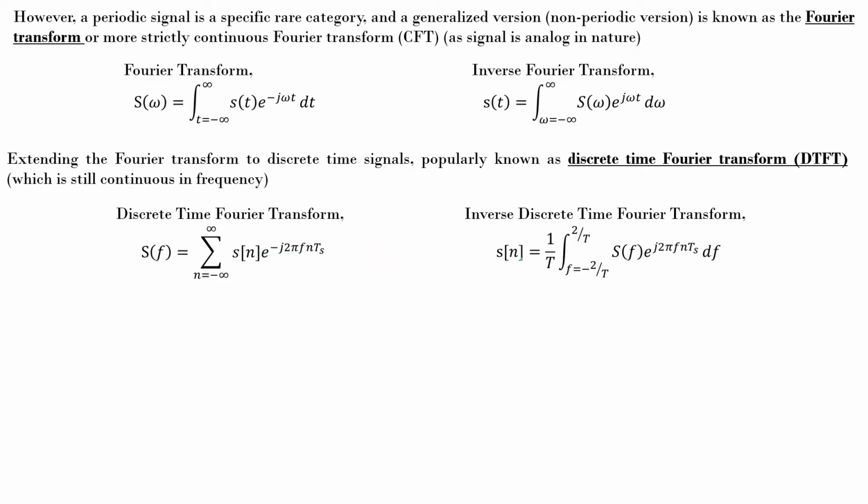Then the rest of the things are the same. There is no dt because this is a summation now, and you can see over here I just expanded omega to be 2 pi f. This is the center frequency of the sinusoid that you are going to create. n is the sample index, and Ts is the sampling rate.